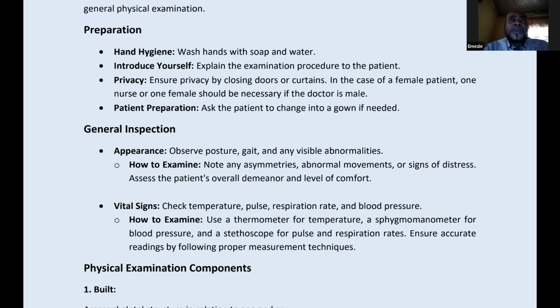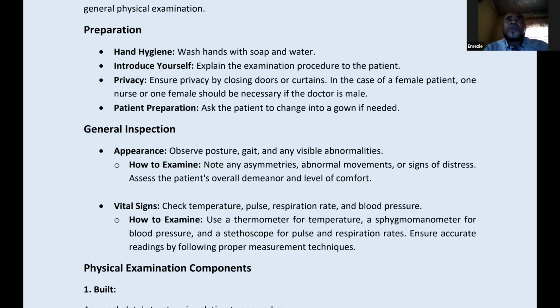What does I stand for? I stands for inspection. So we want to inspect the patient.